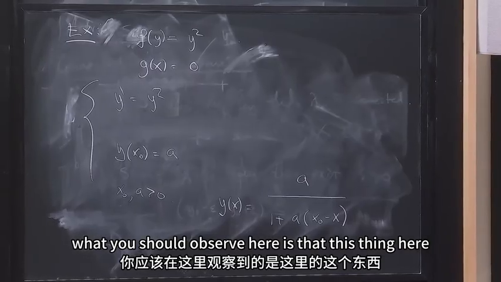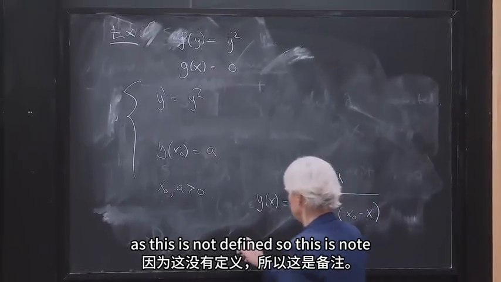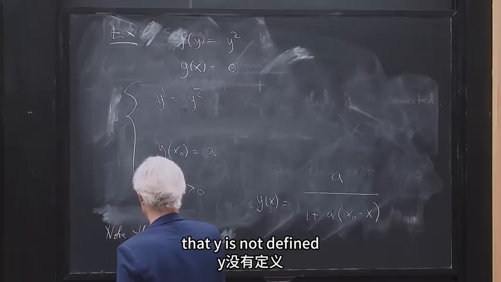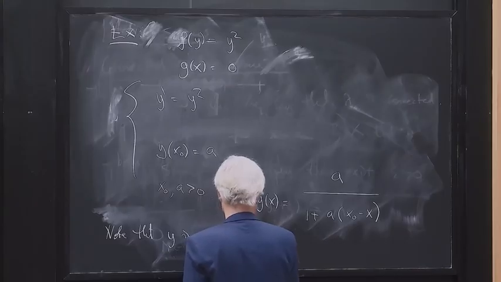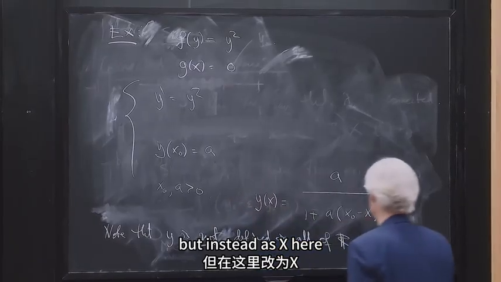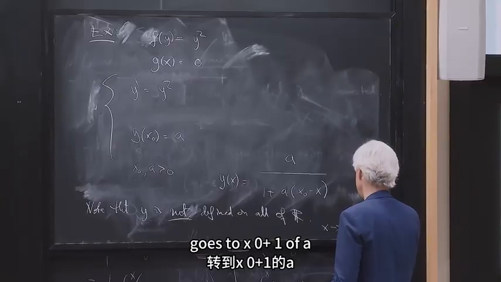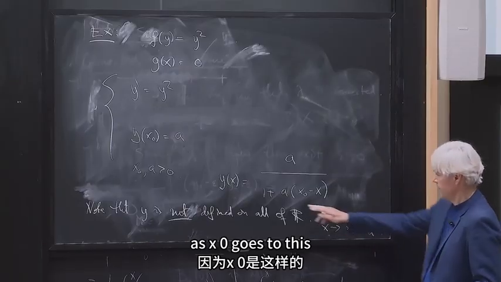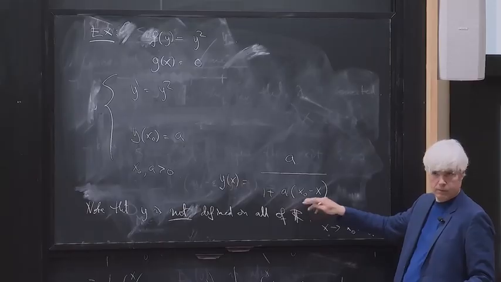And so what you should observe here is, note that y is not defined on all of R, but instead, as x here goes to x0 plus 1 over a, this thing here goes to minus 1, so the denominator goes to 0, so the function blows up.